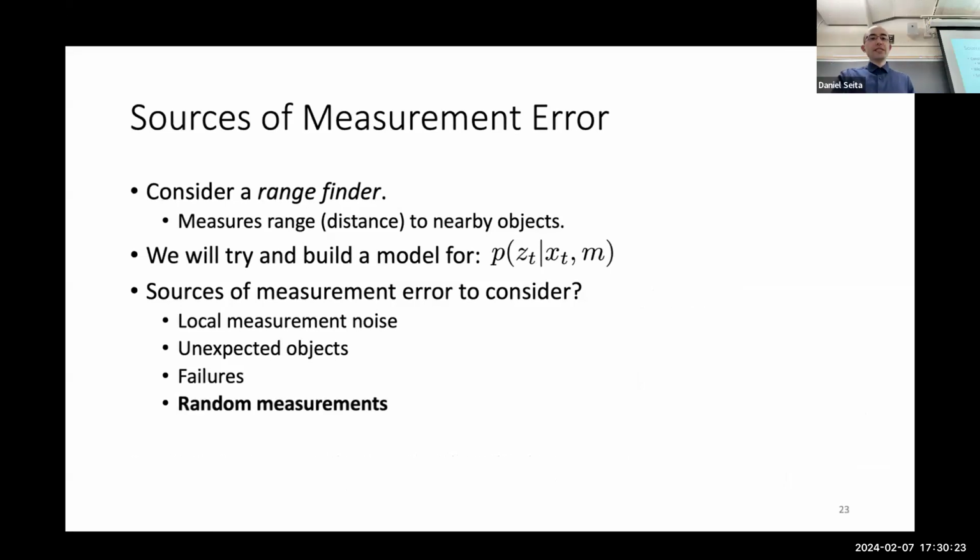So the fourth source of measurement error that we might consider is just random measurements, right? Maybe the sensor tried to measure something, but it had a random problem that's hard to predict or hard to describe, or it just failed. Then what could be a reasonable distribution for that?